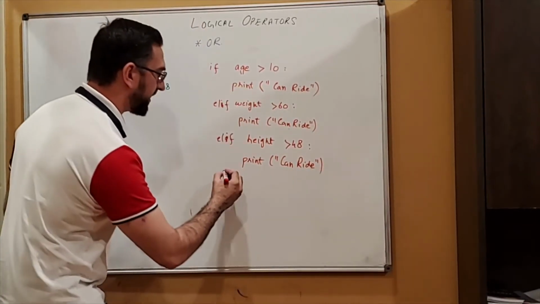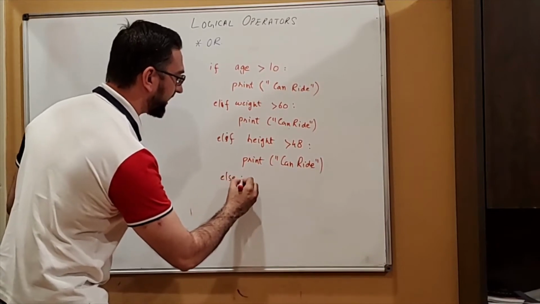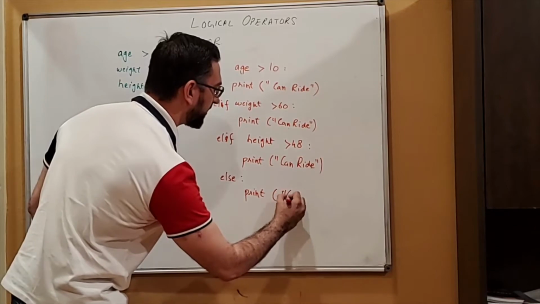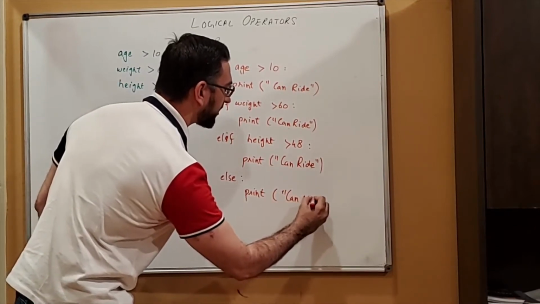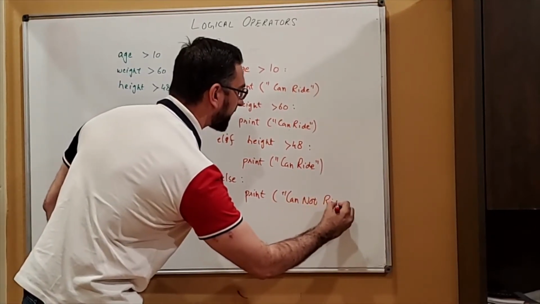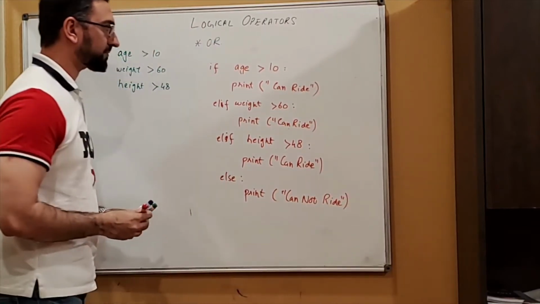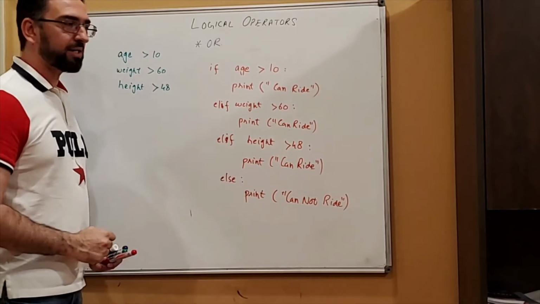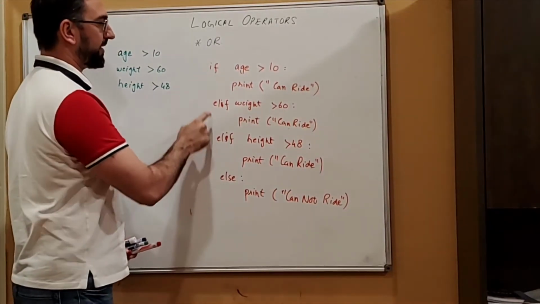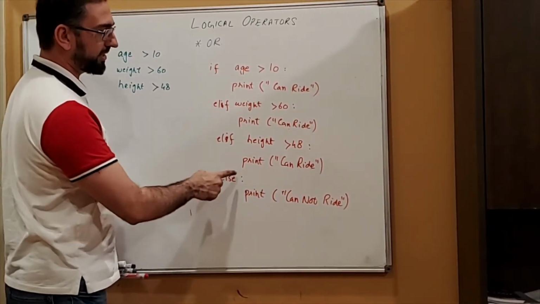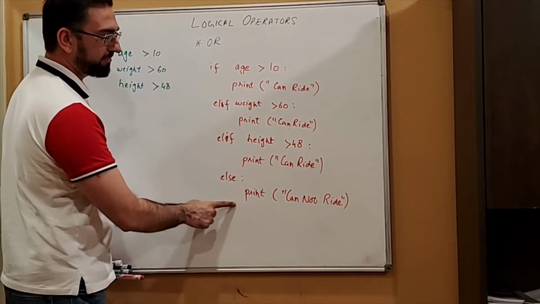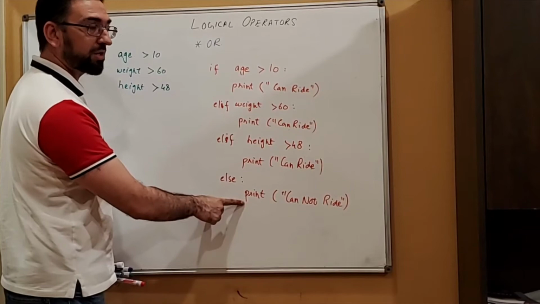And if none of these matches, it will say in the final else block, print cannot ride. So if any of these criteria is met, one of these if blocks will be executed and it will allow them to ride. And if none of the criteria is met, it will eventually print cannot ride.